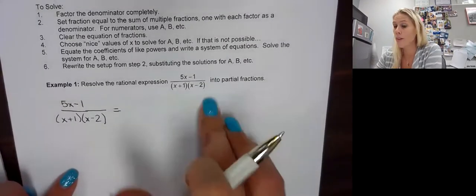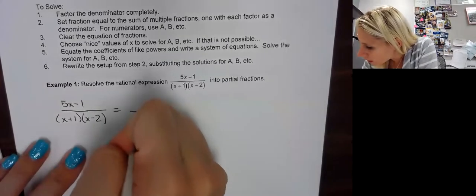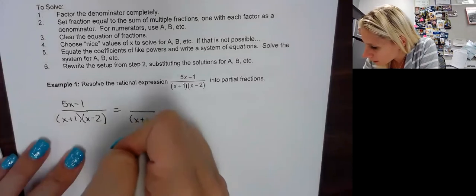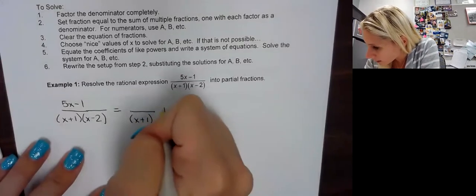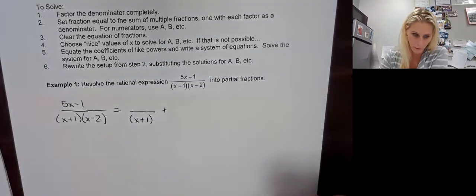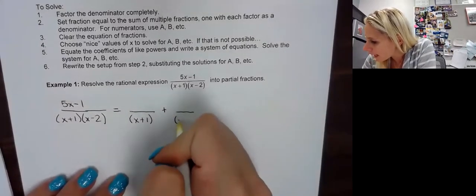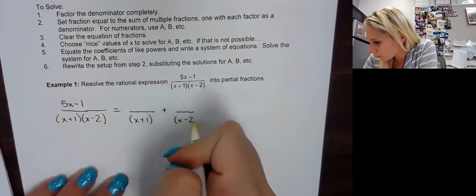Since there's two factors here, we're going to have one that is over x plus 1. We're going to add, right? We're going to keep it simple on ourselves and keep an addition here. And the other one is over x minus 2.